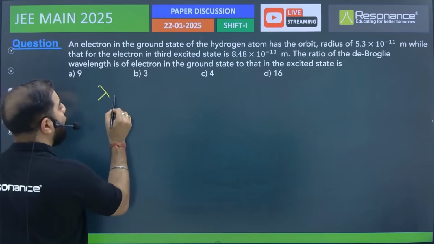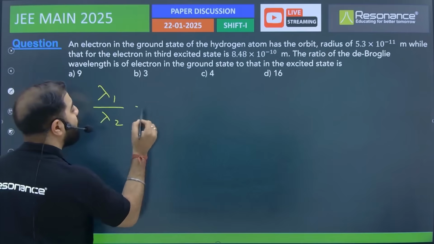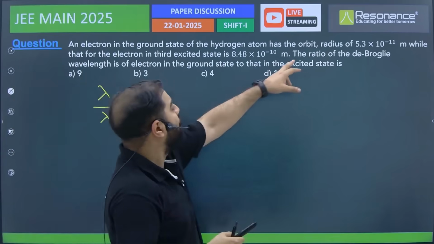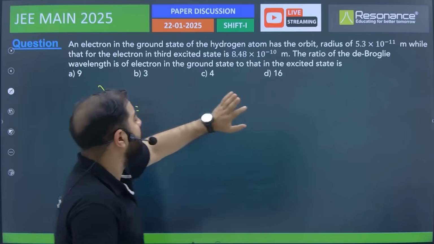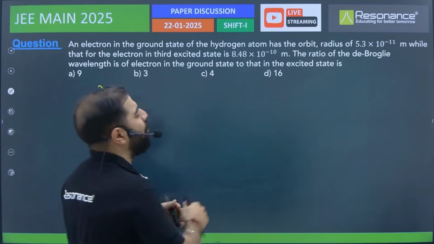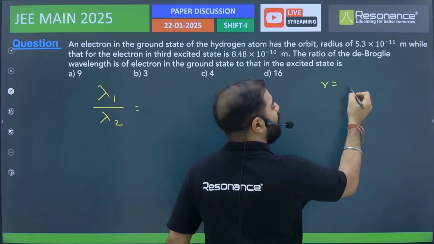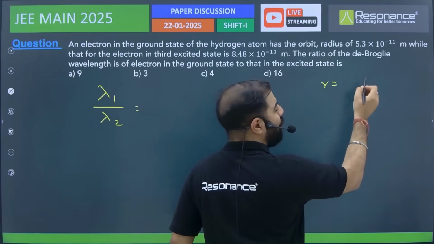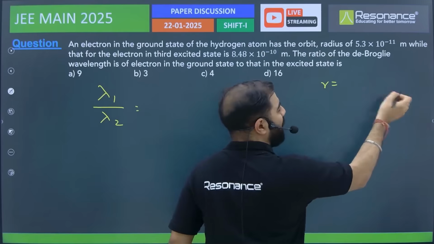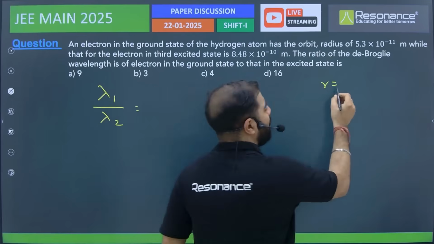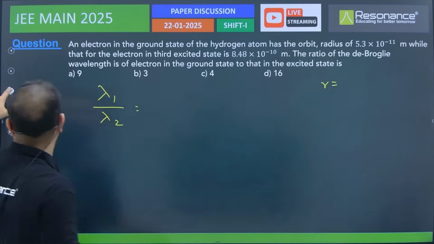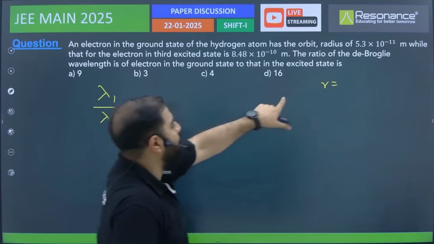Lambda 1 by lambda 2, because the question is the ratio. Radius of this is this. We can write the formula of radius as 0.529 r naught n squared by z. We can use that formula if you want, but I'm not going there. Let's stay out of this radius discussion.